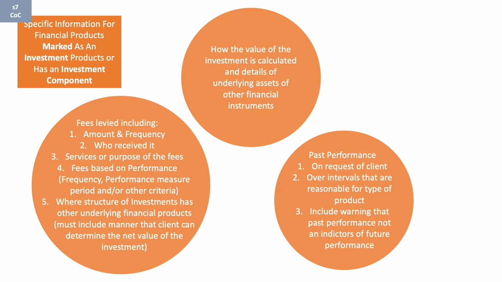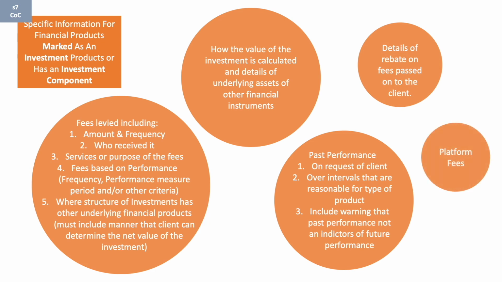Over intervals that are reasonable for the type of product. And 3. Include a warning that past performance is not an indicator of future performance. We also need to disclose the details of any rebate on fees passed on to the client. Lastly, any platform fees that are being charged to the client.